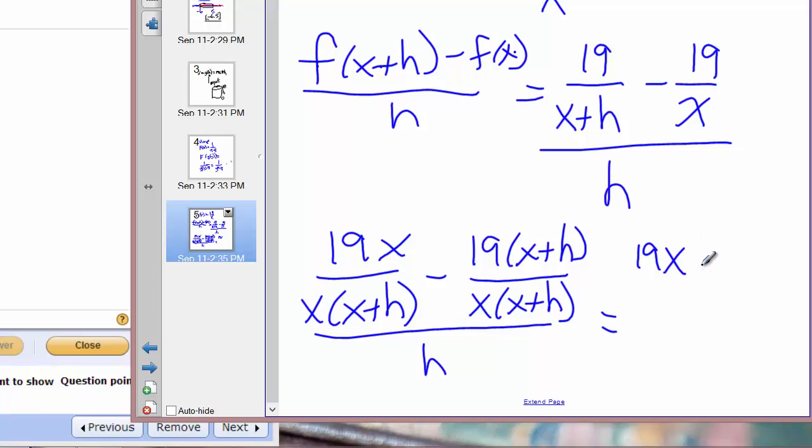So 19x minus 19x minus 19h. Notice that negative sign there gets distributed among all of those. All divided by, I'm going to combine these into one fraction now, h, x, x plus h.